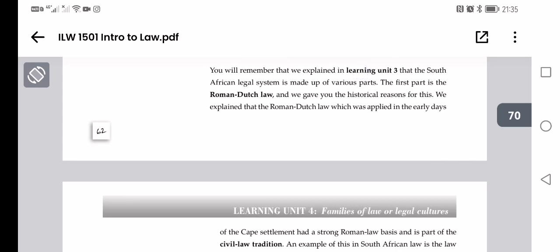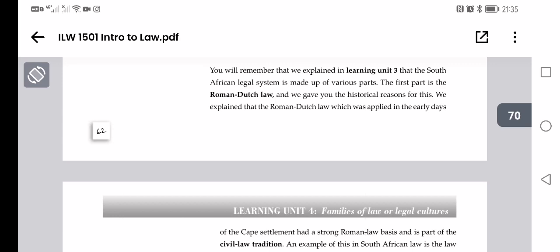You'll remember that we explained in Learning Unit 3 that the South African legal system is made up of various parts. The first part is Roman-Dutch law, and we gave you the historic reasons for this.